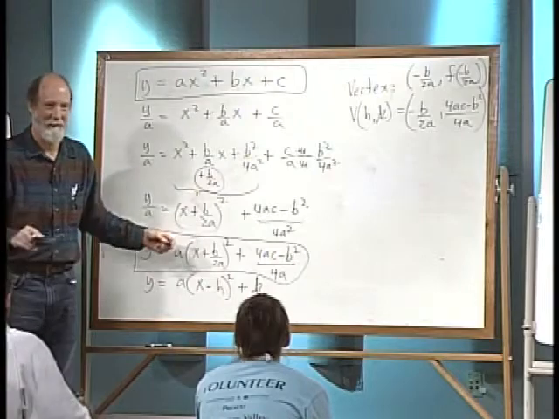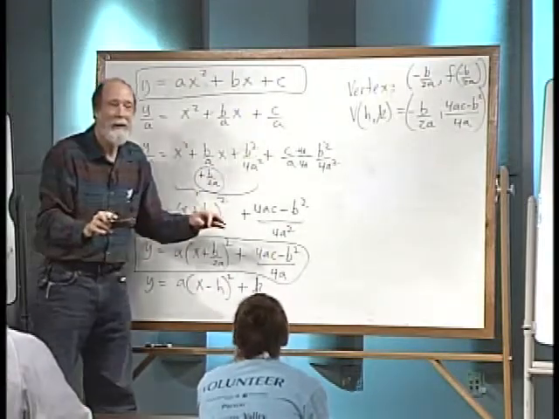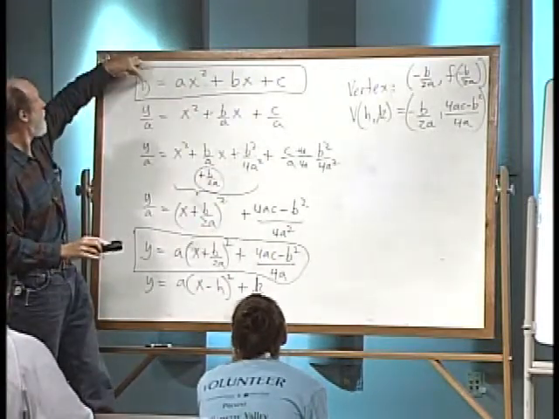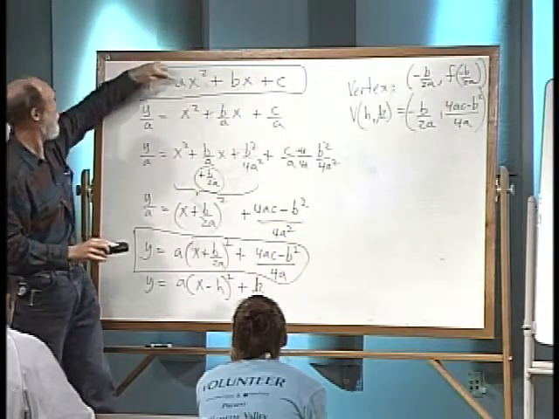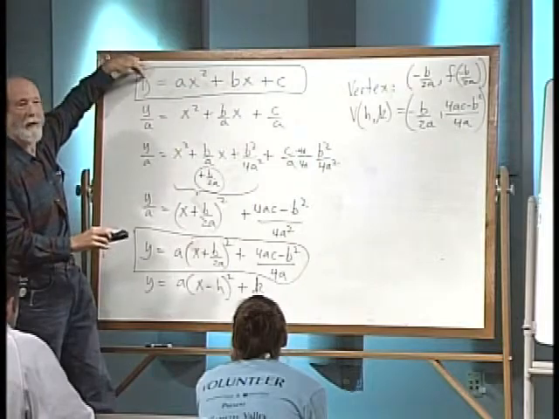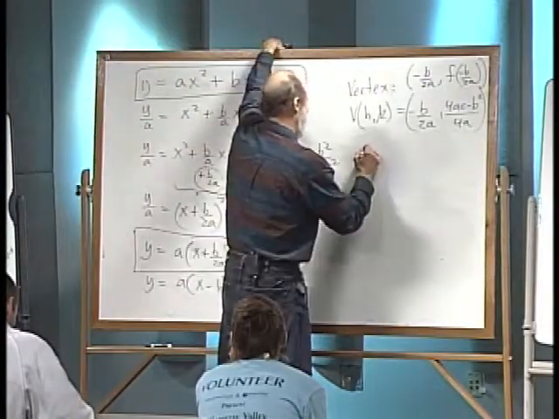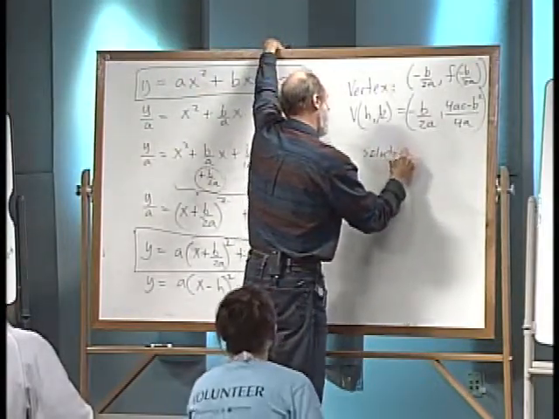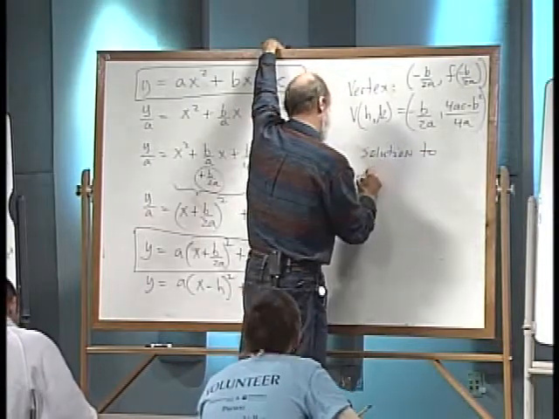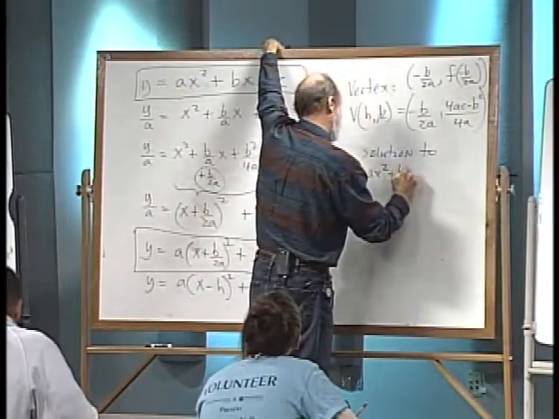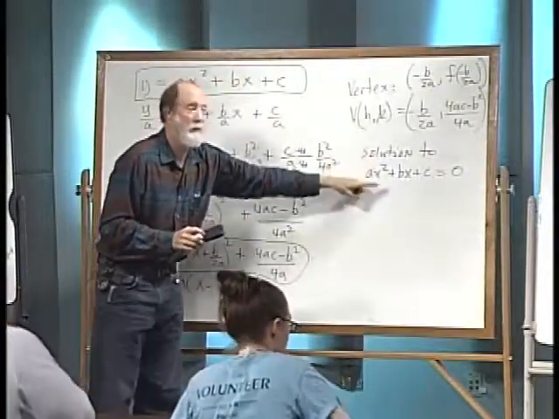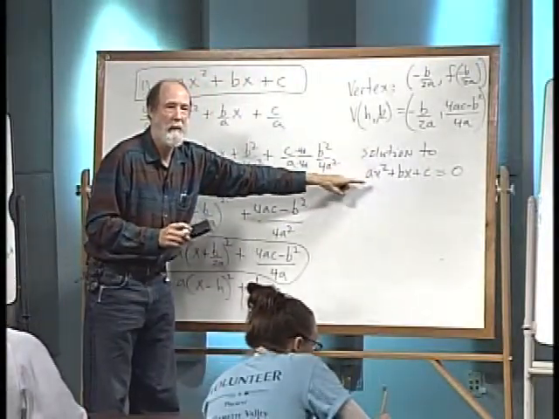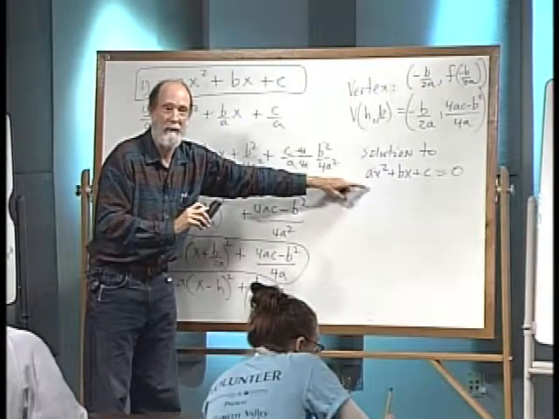Everybody remembers it. That's good. But what is it? If you let y equal 0 here, it's the solution to this equation. So the solution to ax squared plus bx plus c equals 0 is your quadratic formula, which you told me you have memorized.